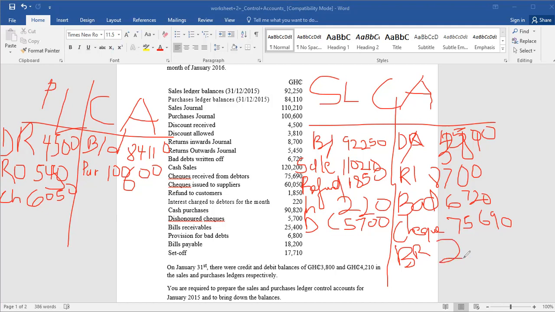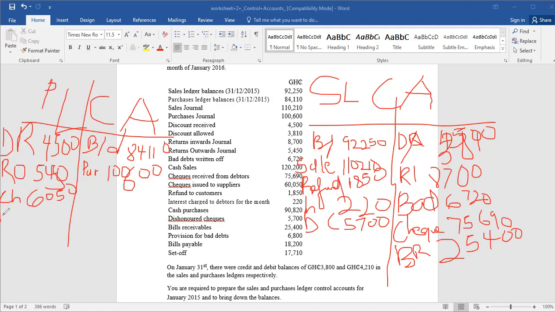Okay, this is 25400. Okay, pardon me for this. And then bills payable. So this also reduces the amount that we owe the person.